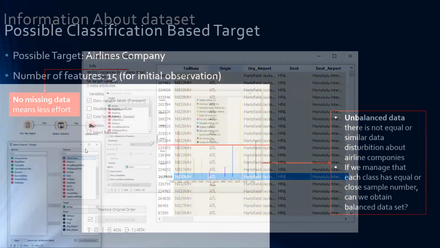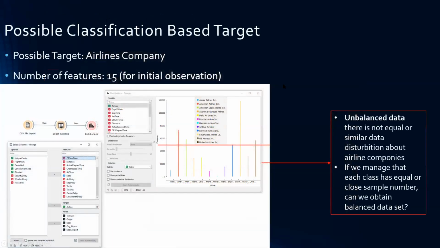And actually, there are 2 ways to find the targets in this data set because there are 19 numerical and the 5 classification, yes, categorical features.